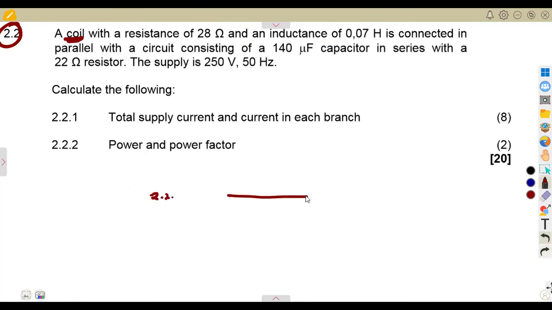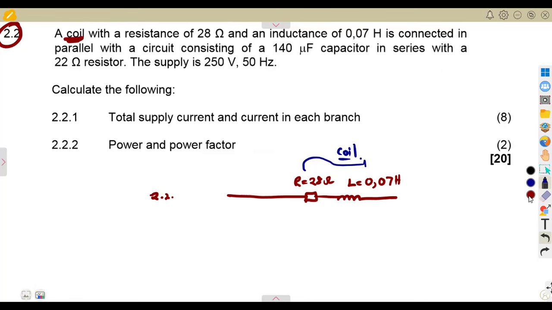So it's an RL circuit, with the resistance 28 ohms and the inductance of 0.07 henries, which builds up our coil. The whole of this part is the coil.